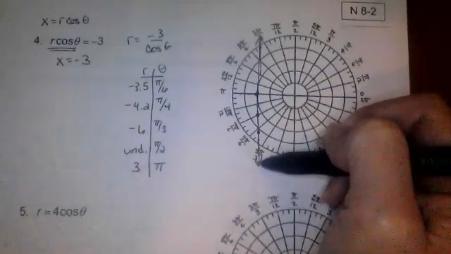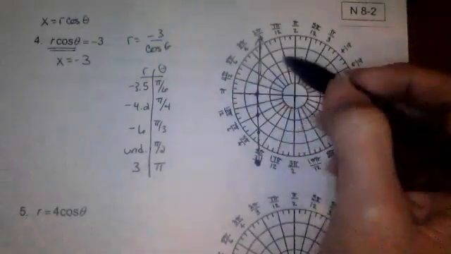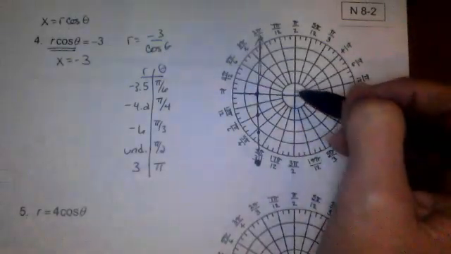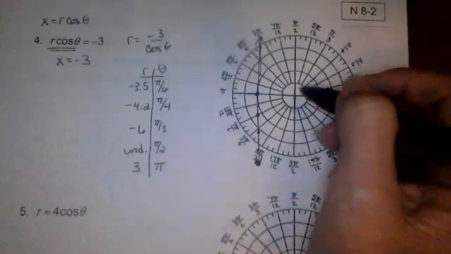Pi thirds, which is off the graph, is down in here. And at pi halves, we're undefined, so we can't really graph that.